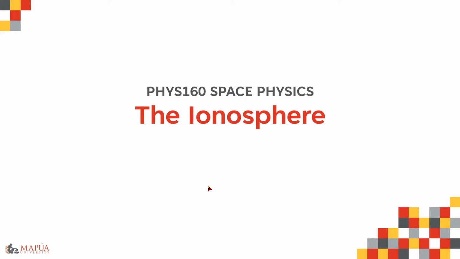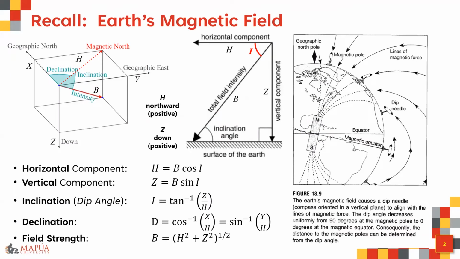Last meeting we talked about the Earth's magnetic field. At first approximation, the Earth's magnetic field is a dipole field, and the magnetic dipole has several components in the local coordinate system. Locally, the magnetic field of the Earth, especially on the surface, is described in terms of its horizontal and vertical components, where the vertical component is directed downward to the ground.